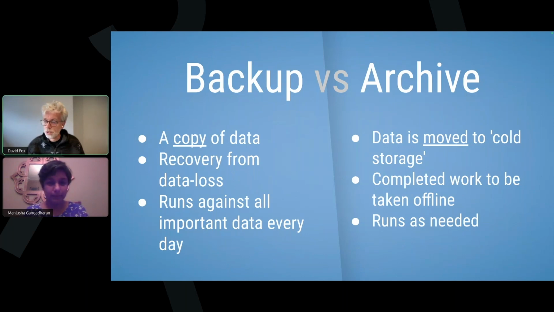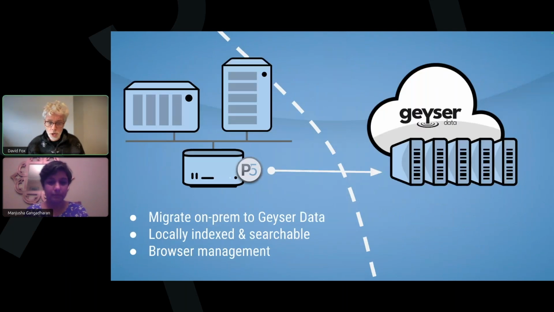So customers often use LTO tape or cloud, and now we have this hybrid solution, which is a really interesting way to go. So, a simple schematic. On the left, we've got your on-prem storage that you might want to migrate to the Geyser Data service. On the right-hand side, whilst doing this, we're indexing and making a searchable interface through which you can look at all of the files that you've archived.